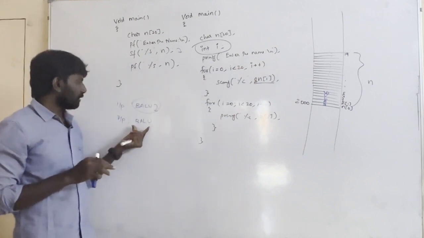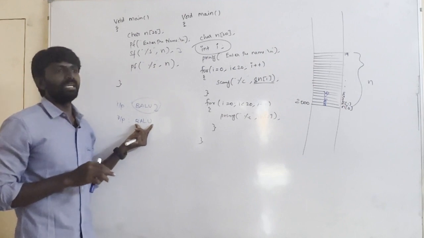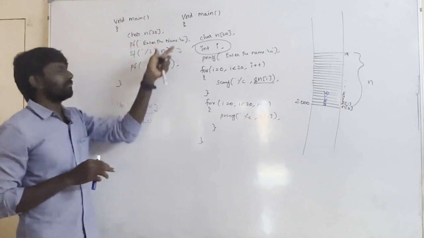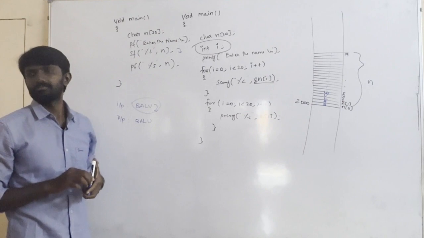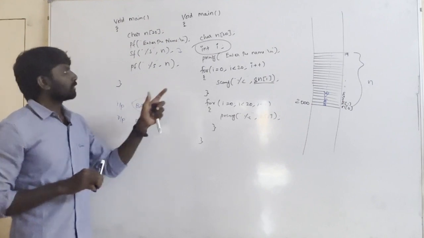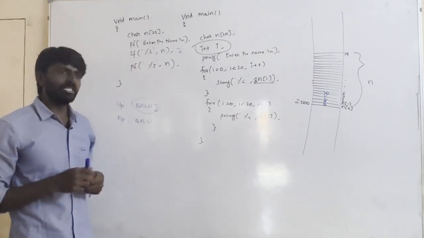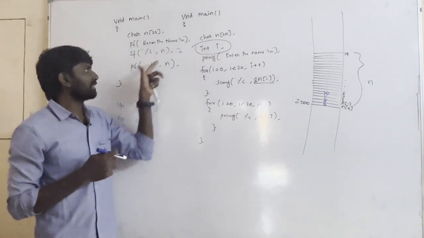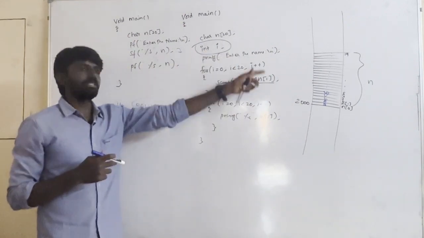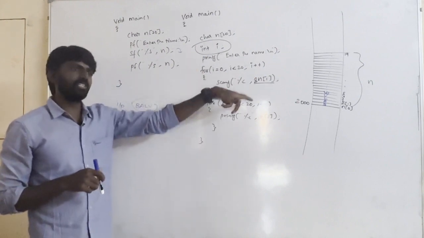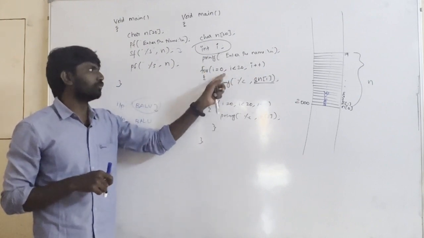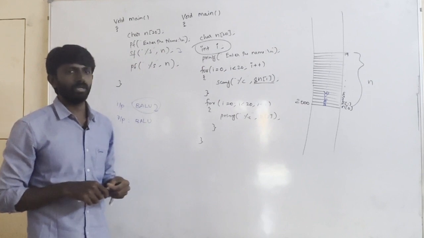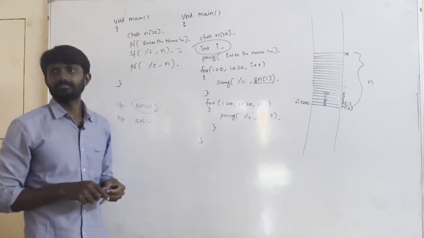So it will print only BALU, and then your program will complete. Clear? So the %s format specifier makes our life easy. If we don't have %s, definitely we have to struggle with the traditional way of printing using a loop. Clear, right, everybody?